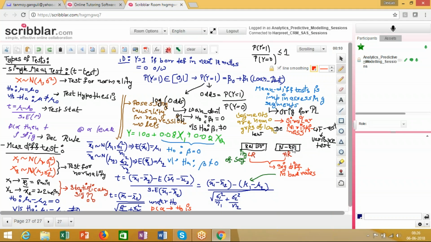Say for example, if I talk about two segments, A and B, and I say that segment A is less risky than segment B, then the first and most important thing that comes into play is that the average bad rate of segment A has to be less than or equal to the average bad rate of segment B. So this is something that we need to understand.